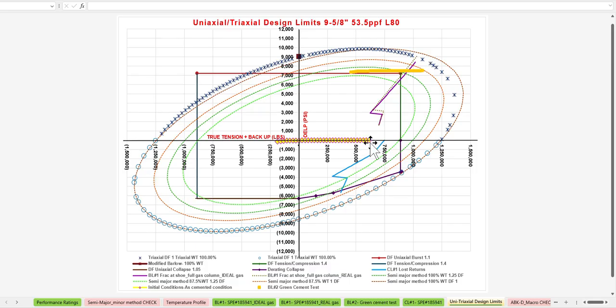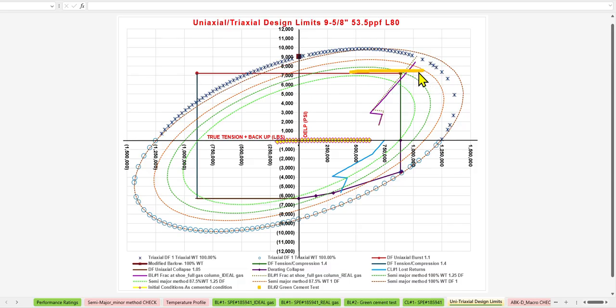However, you have almost 600,000 pounds over here, and down to minus 150 at the bottom of the casing, because again this is a vertical well. And then you have the loss returns, the real gas, and the ideal gas assumptions.